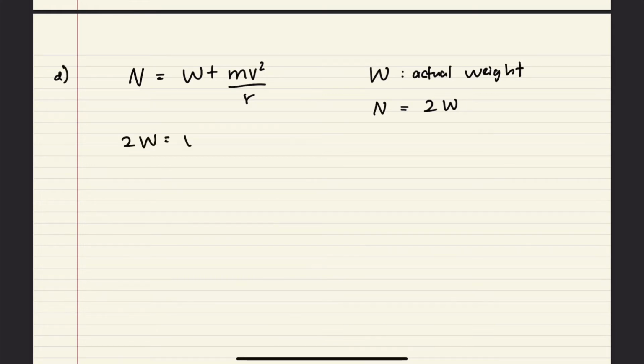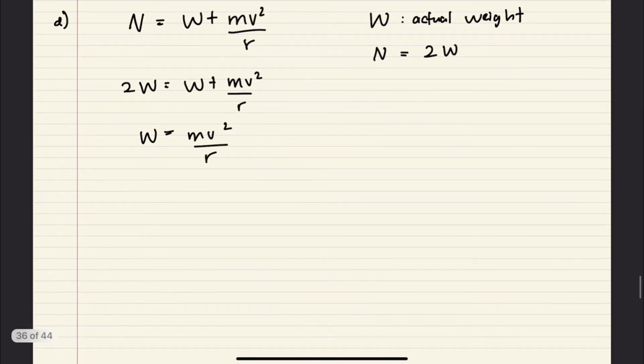So 2W equals W plus mv squared over r. Bringing this W to the other side, 2W minus W, you should get W equals mv squared over r, but this time they want to find V instead.